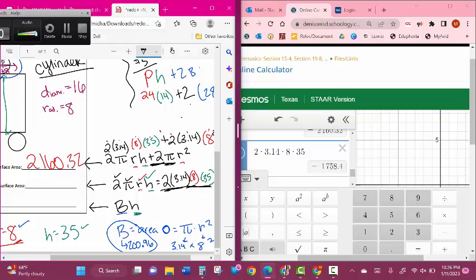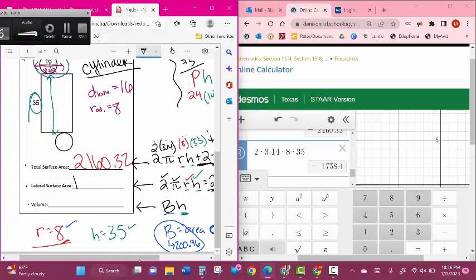And the value of the lateral surface area then is 1,758 and 4/10. The measurements in the cylinder weren't given units, so what we can say, these are both surface areas, right? They're both areas, so their units are squared.